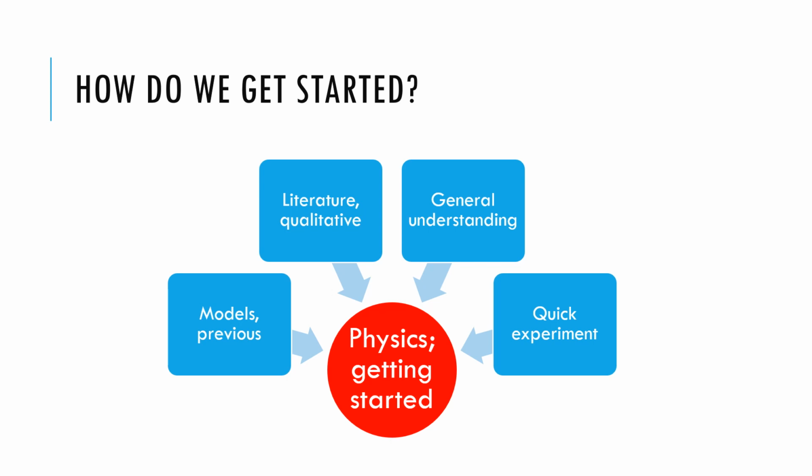We put all this together, and finally a very powerful thing to do at this stage is to do a quick experiment to have an overall understanding of this process, a simple understanding of the process before we get started.